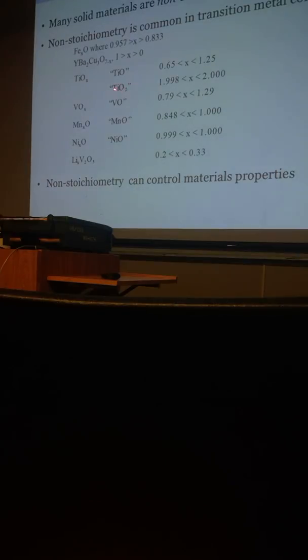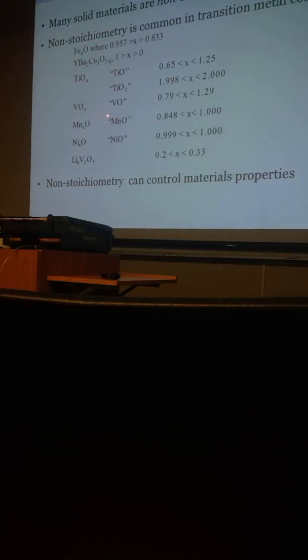The nominal ratio can sometimes be as low as 0.65 to 1.2. TiO2 is probably well known. It is very close to 2, but still some of the oxygen is missing. And once the oxygen is missing, the material gets a lot of absorption, and then we can see a color change.